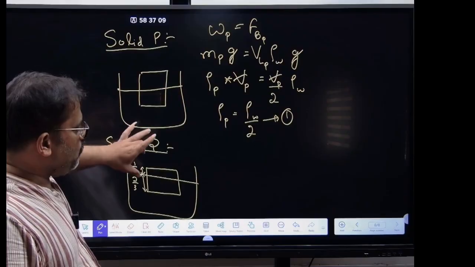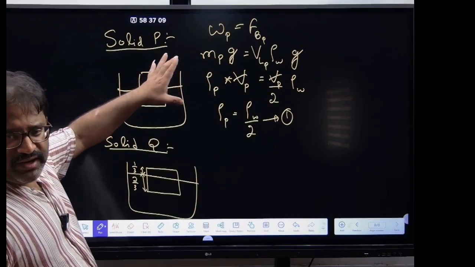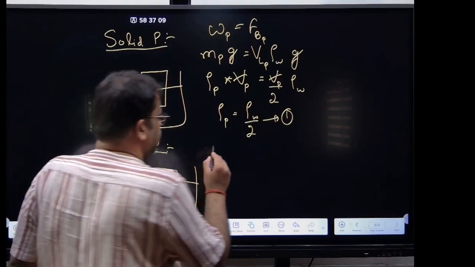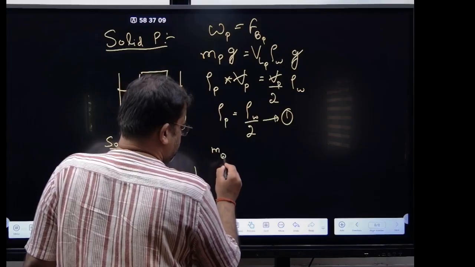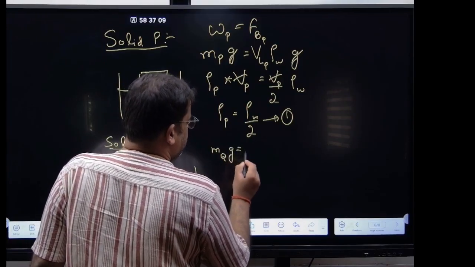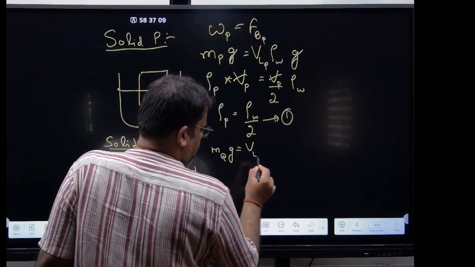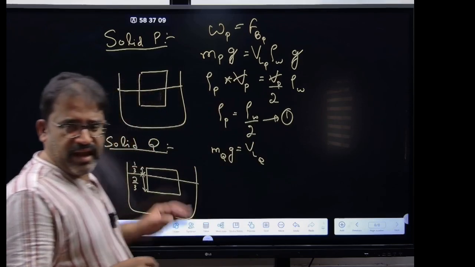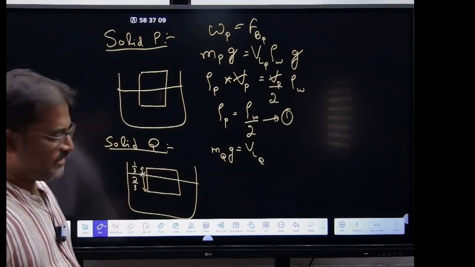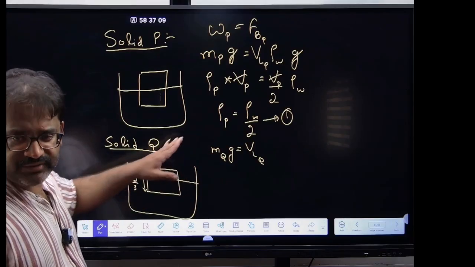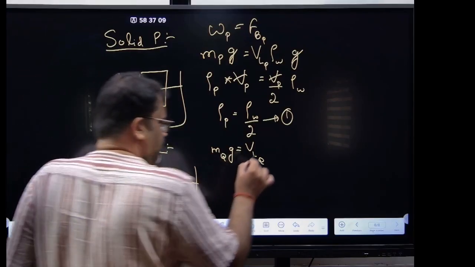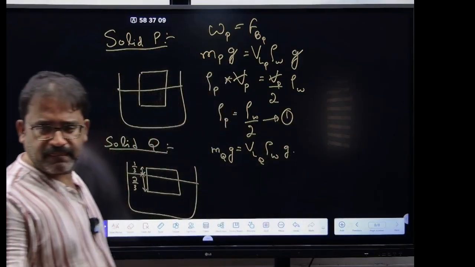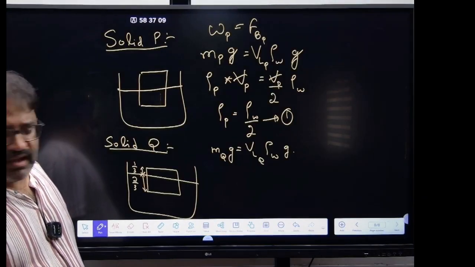The weight of the solid is balanced by the buoyant force. That means MQ into G is equal to the amount of solid Q inside the liquid, that is, volume of the solid Q inside the liquid into density of liquid into G. Can we cancel anything off?